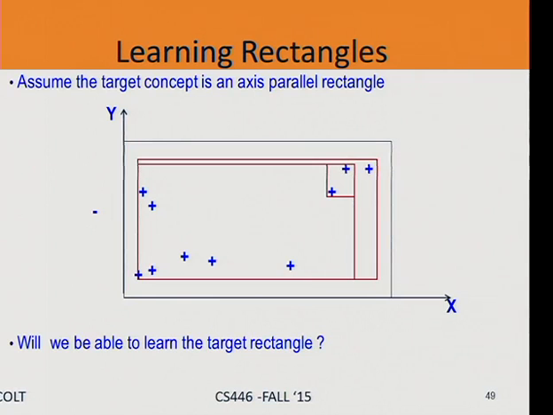So will we be able to learn? Is this class of function learnable? So you cannot say anything because there are infinitely many rectangles. So we can't even say that we can come close in any quantifiable way.